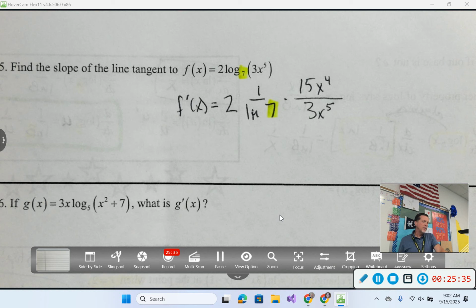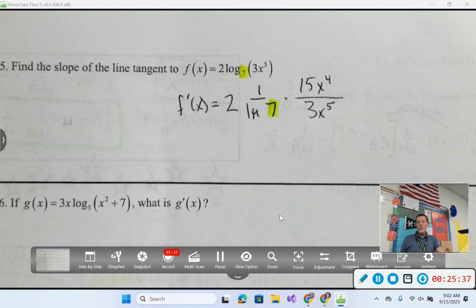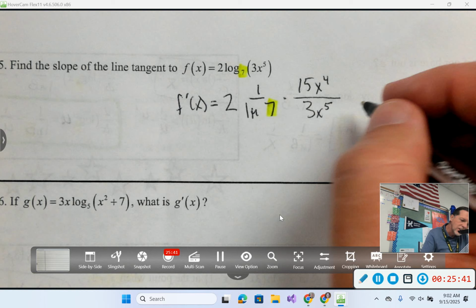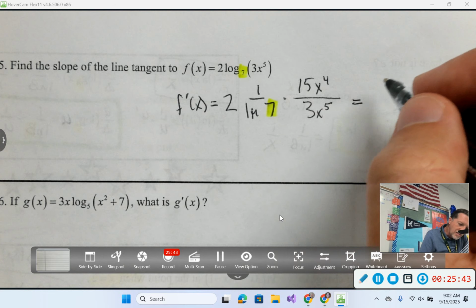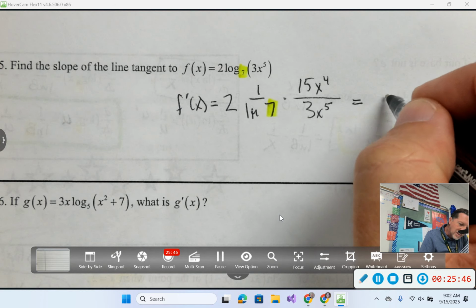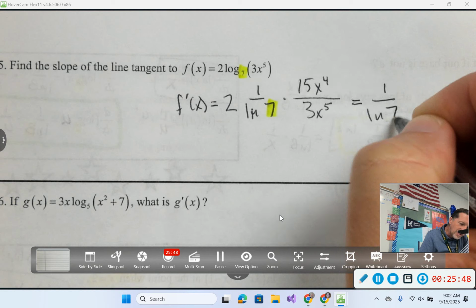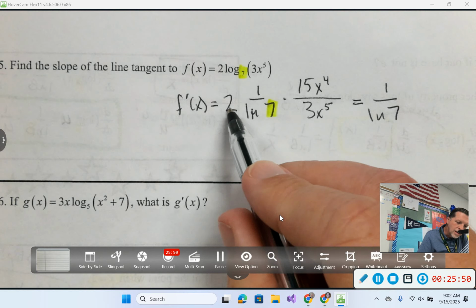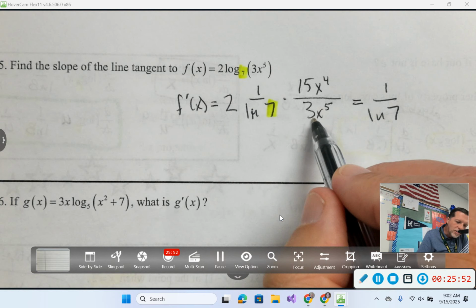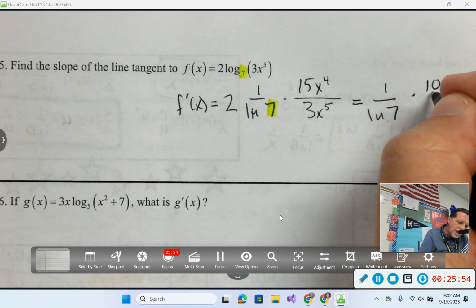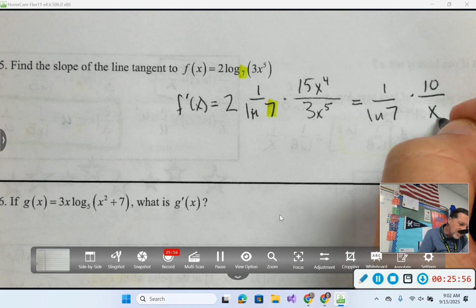So there's another one that's perfectly acceptable as a free response answer, but as a multiple choice answer, let's see. Definitely going to have natural log 7 in the bottom. 2 times 15 over 3 is 10. And then there's an x in the bottom.